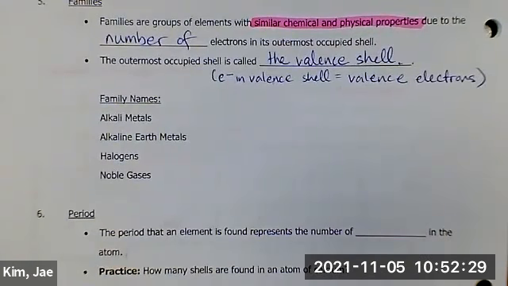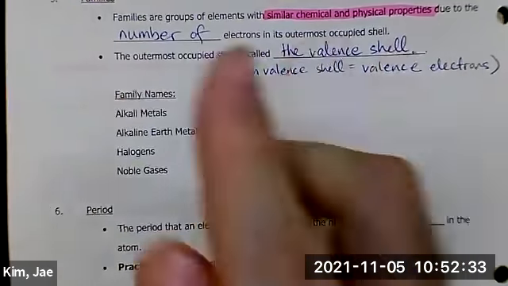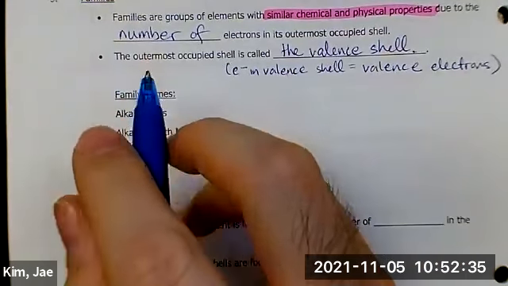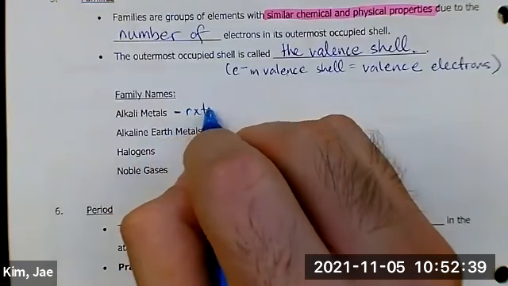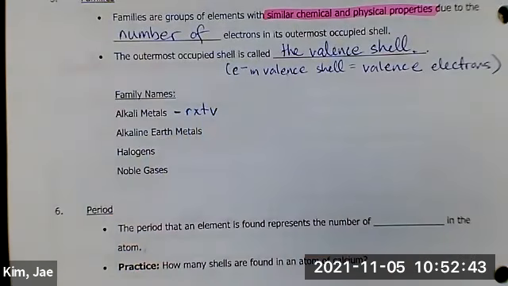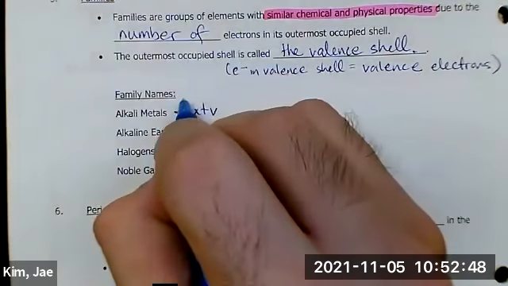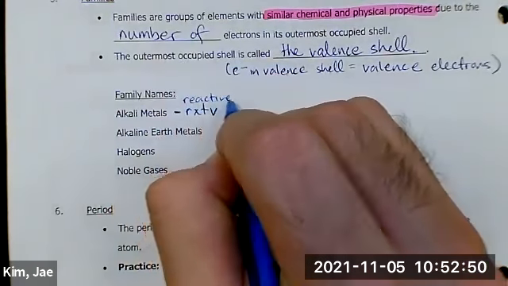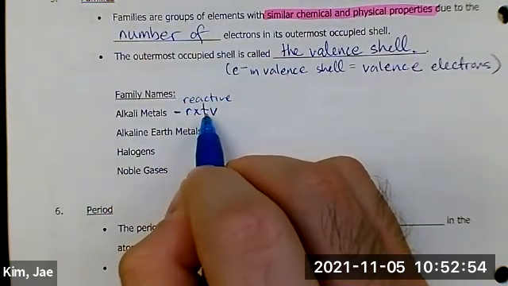Anyways, family names. Some things that you might pick up along the way are some properties of these family names. Some examples: alkali metals. You know that they are very reactive. That's my short form for reactive. Sorry, this is how I survived university, by making up weird shorthand. If you want to adopt it, you can.